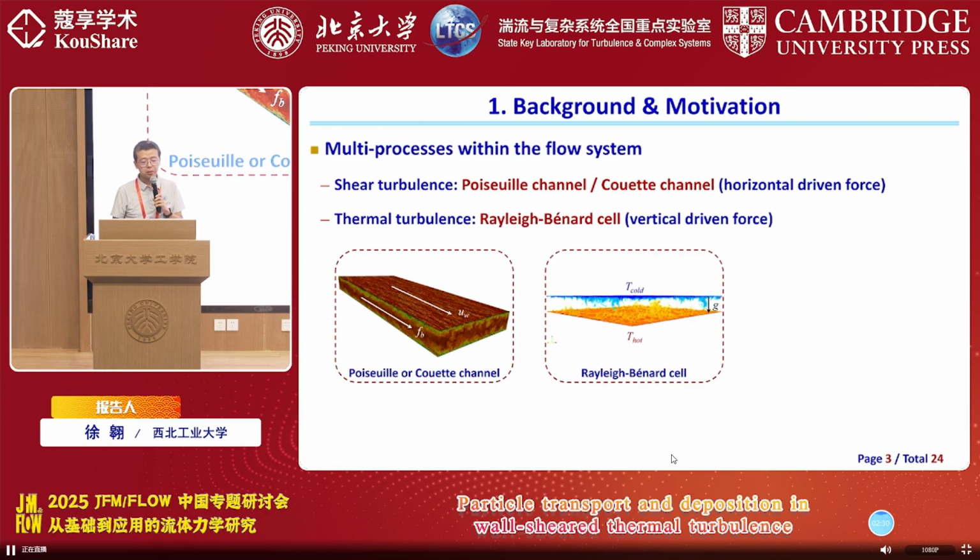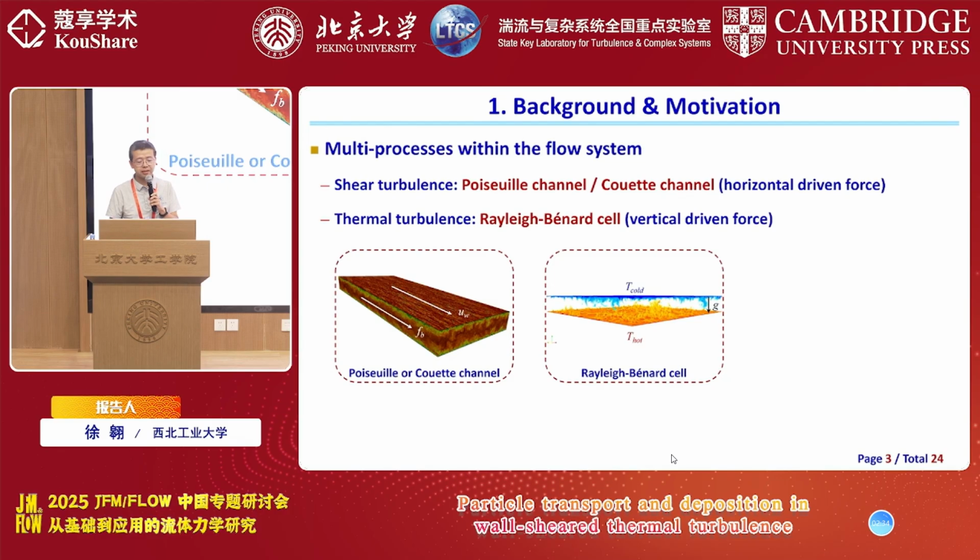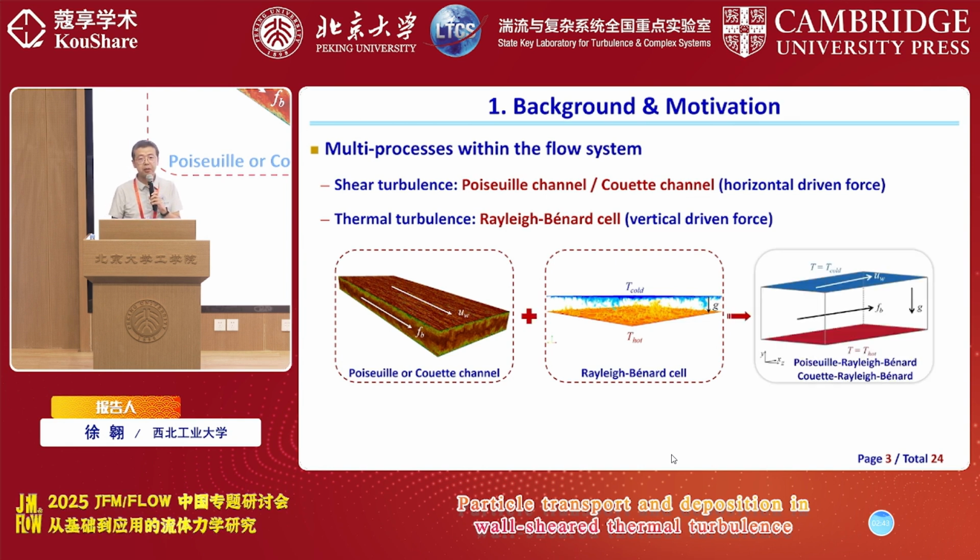And for the thermal turbulence, the canonical flow system is Rayleigh-Bénard convection, which describes the vertical motion driven by the temperature difference. And when they combine together, we have the so-called wall-sheared Rayleigh-Bénard system, or the Couette Rayleigh-Bénard system.